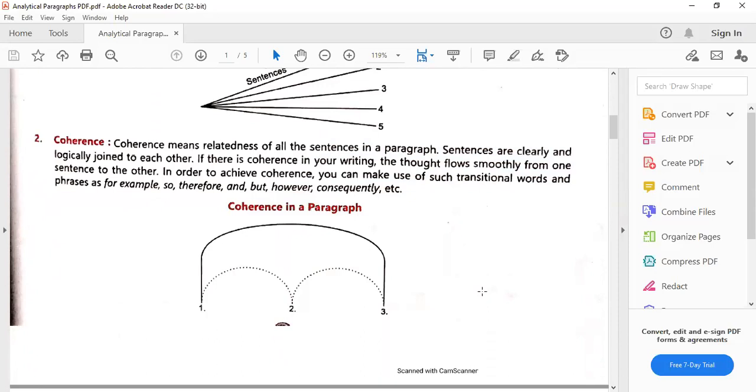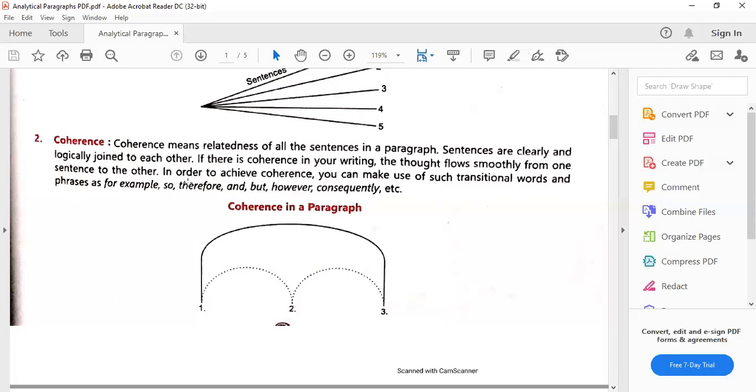That means we use conjunctions to combine one sentence with the other to link the sentences together. So, in this way, coherence means the sentences should be related to each other in one paragraph and they should give you clear and logical meaning.